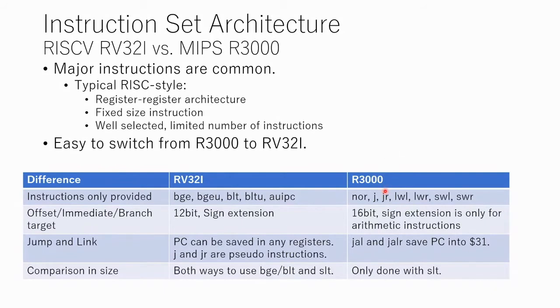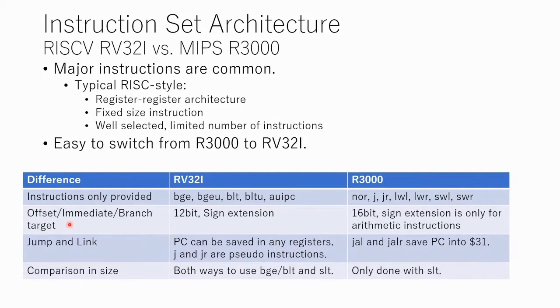While R3000 provides no such instruction, but strangely, a NOR instruction is not provided. And it implements jump and jump register as its original instructions. And these load and store instructions are provided for misaligned data. It's a messy instruction to implement.